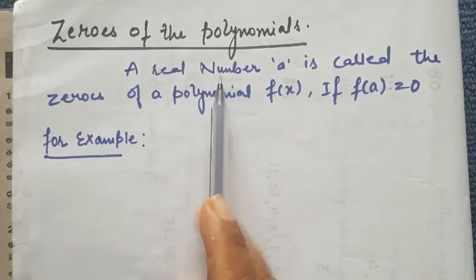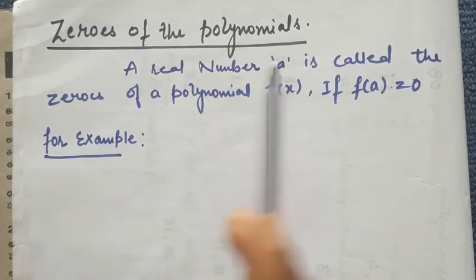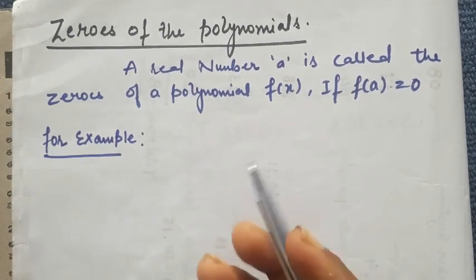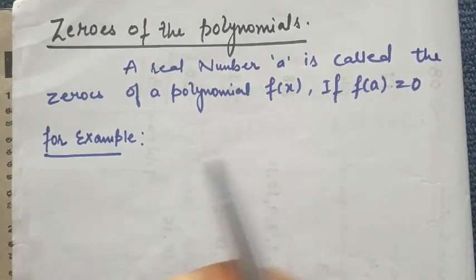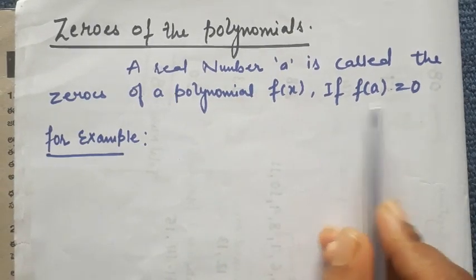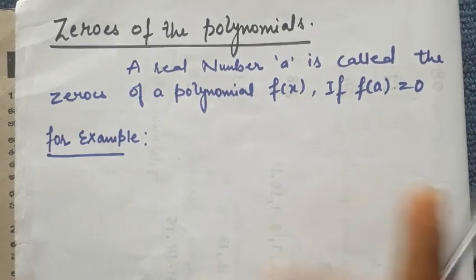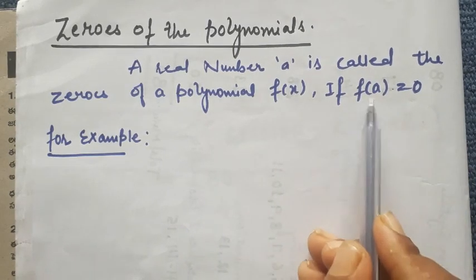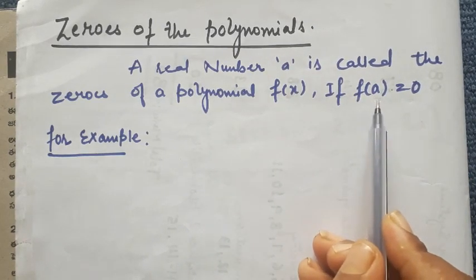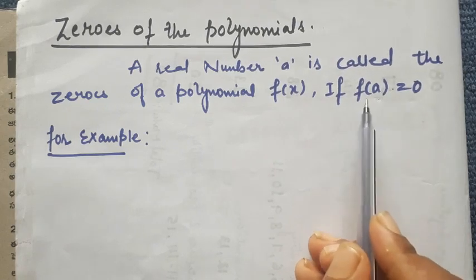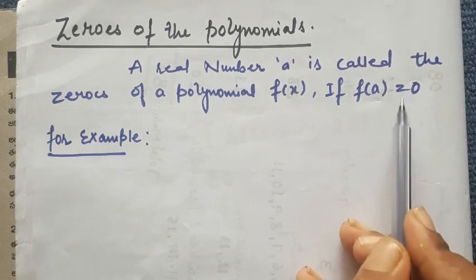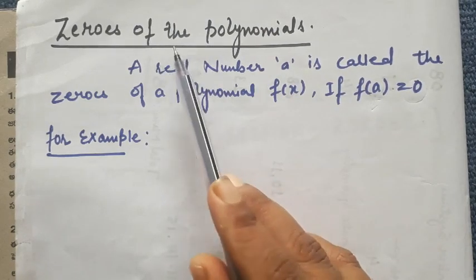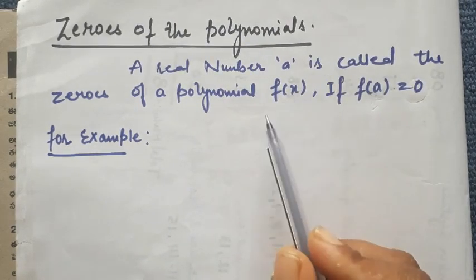A real number a, as we have discussed previously, is called a zero of the polynomial only if f of a is equal to 0. If f of a is equal to 0, meaning the value of a for which the polynomial value is equal to 0, that value a will be my zero of the polynomial.